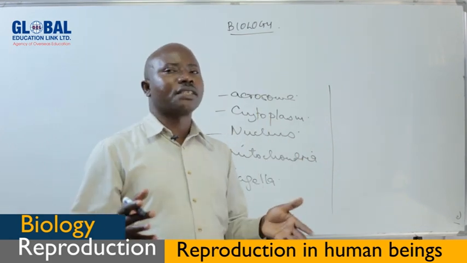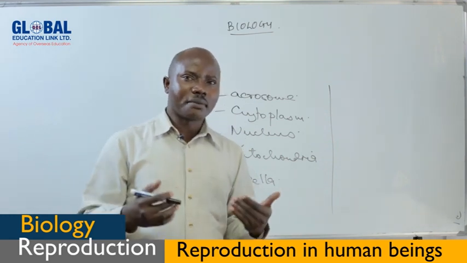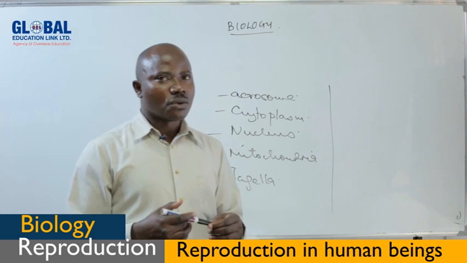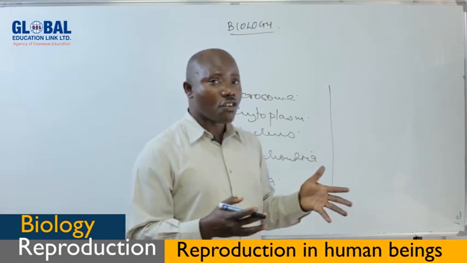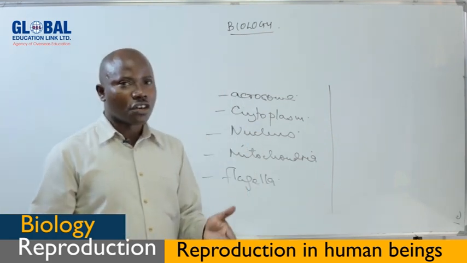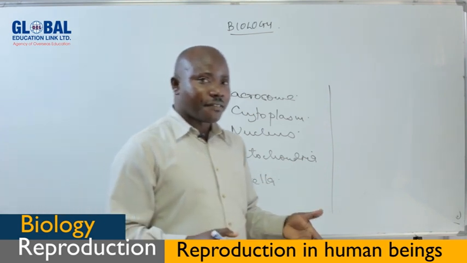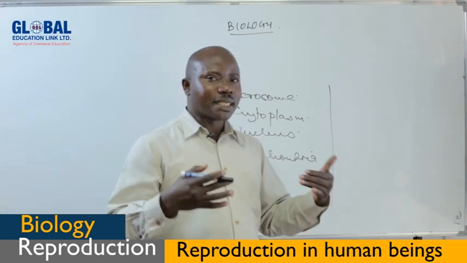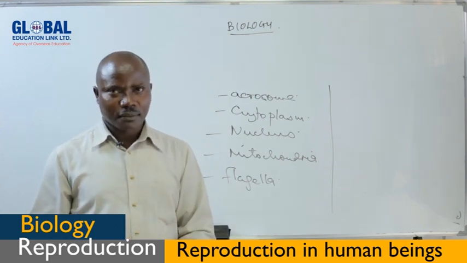I also presented oogenesis. You saw how the process goes. But let me remind you, I said oogenesis has 3 phases. The first phase occurs in fetal development, the second phase occurs at puberty, and the third phase occurs once the oocyte has been successfully fertilized.